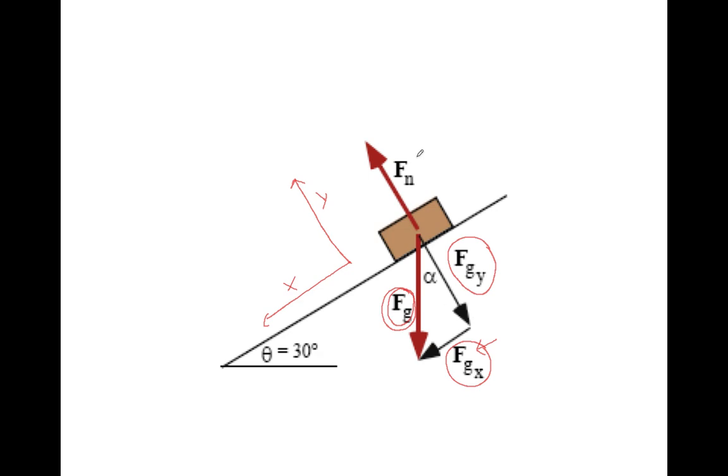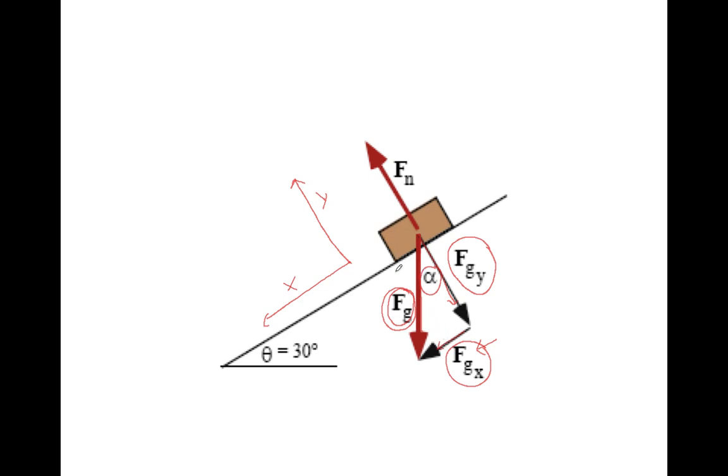So this force of gravity is acting straight down towards the Earth, but relative to the inclined plane, it's at an angle, so we can break this angle down, alpha, and we can find the perpendicular component and the parallel component of the force of gravity.